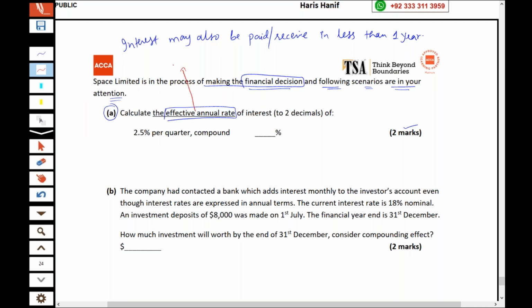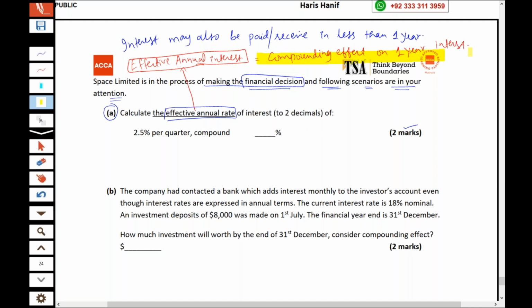Effective annual rate of interest means compounding effect on 1 year interest. This is a very helpful statement. Compounding effect on 1 year interest.